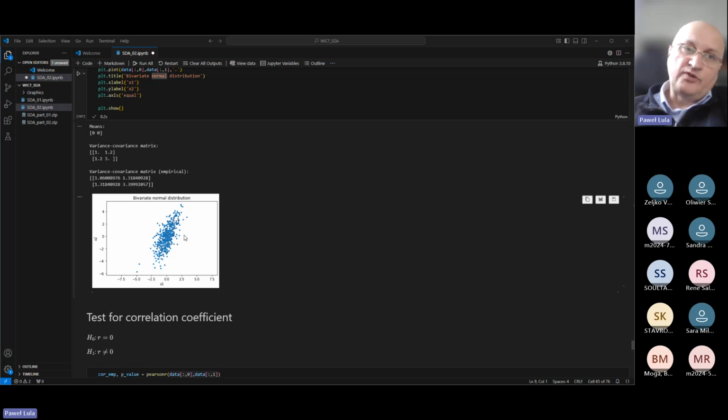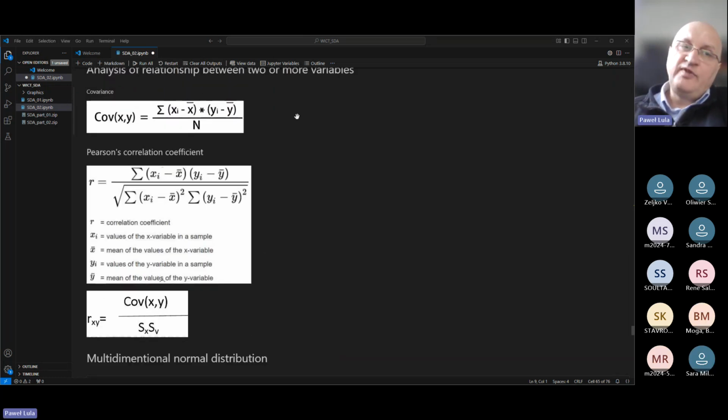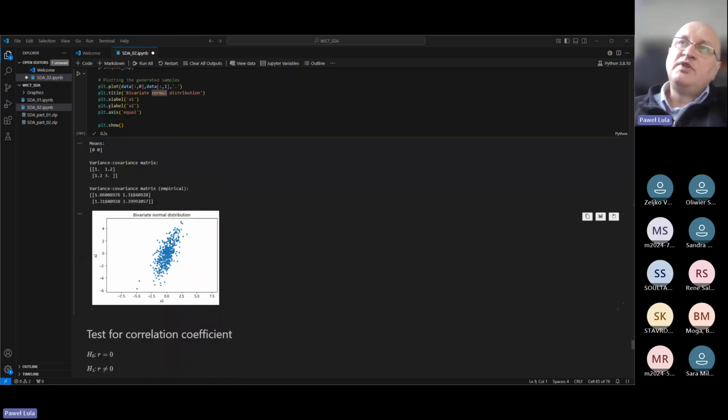The product of these two positive values is positive. Here, for example, for this object, all these factors are negative. The product is positive. Then, after summing up all these values, when this sum is positive, it means that data are located in the way which we see here on this picture.